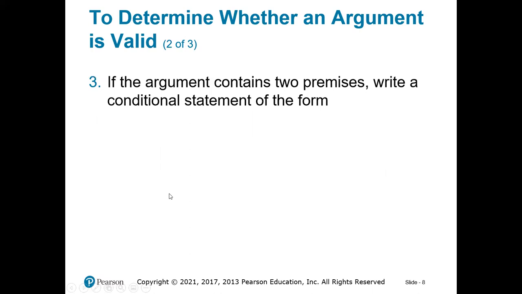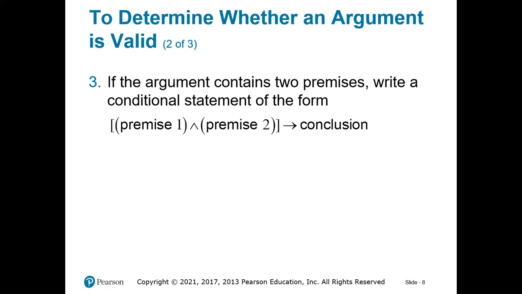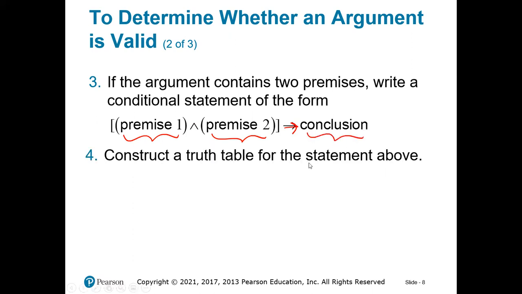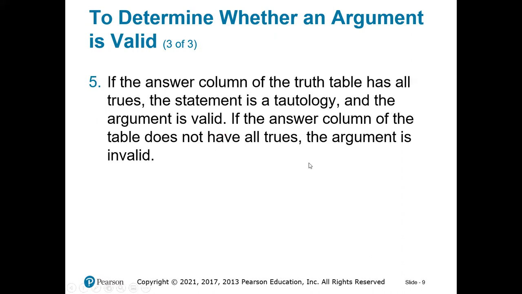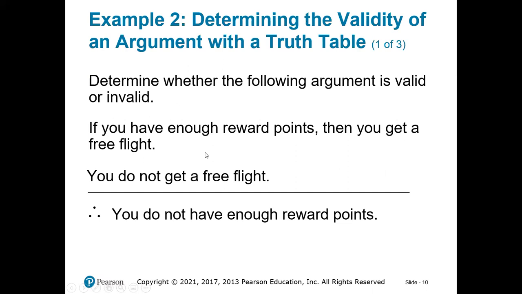If the argument contains two premises, write a conditional statement of the form: put your premise 1 and premise 2, and then the arrow, the conclusion. The next step, construct the truth table for the statement above. If the answer column of the truth table has all truths, then the statement is a tautology and the argument is valid. Otherwise, if the answer column does not have all truths, if it takes just one false, then the argument is invalid.